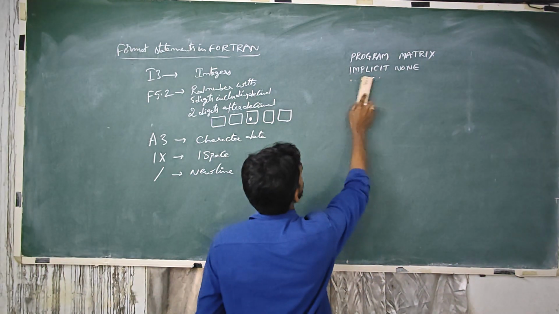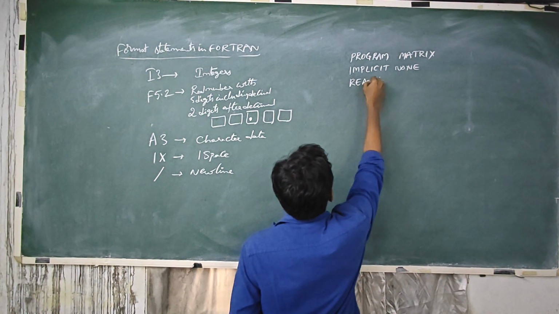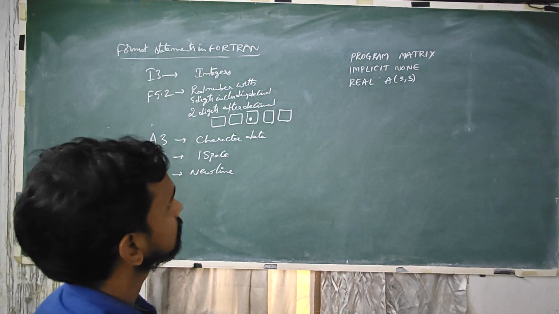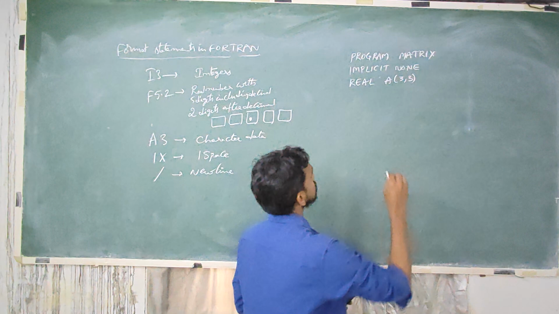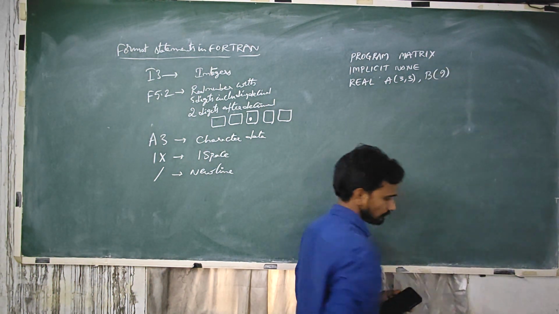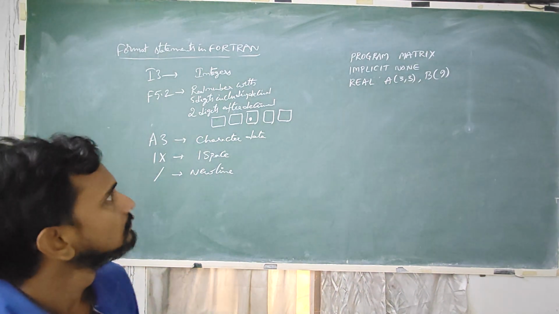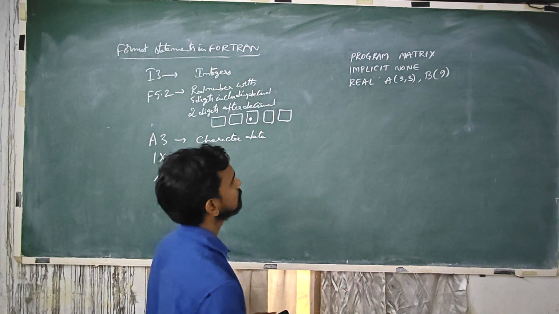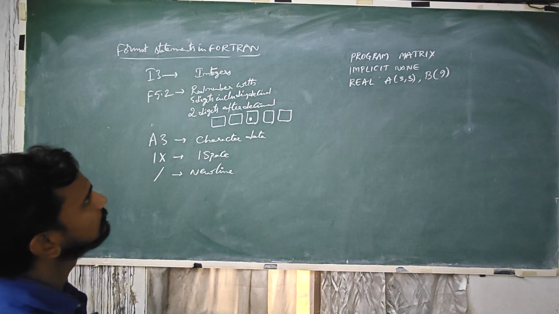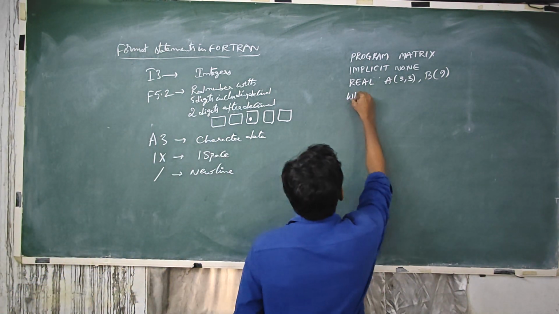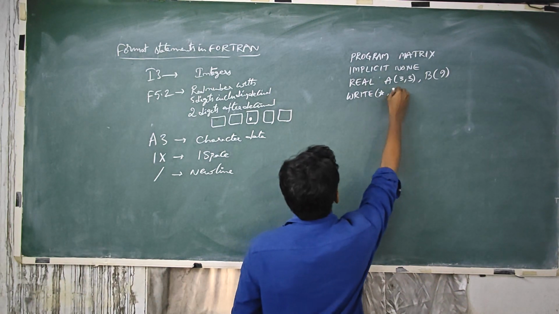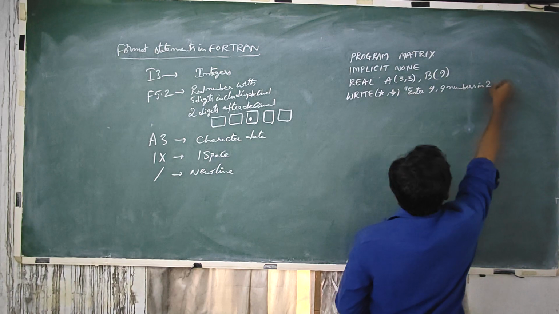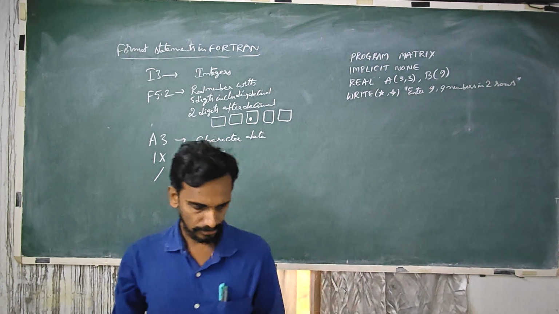Otherwise, go for real numbers. 9 numbers each in 2 rows.